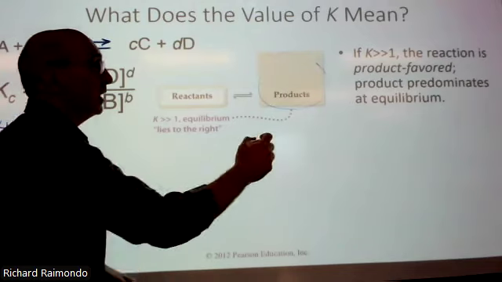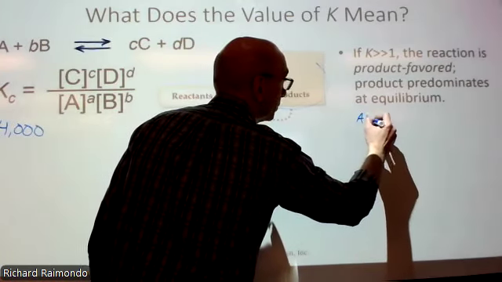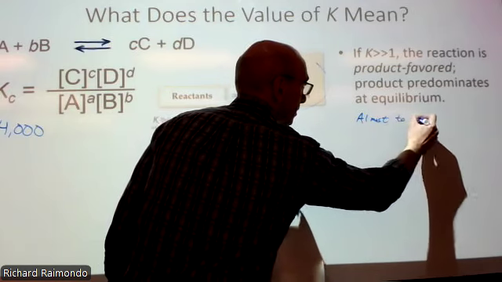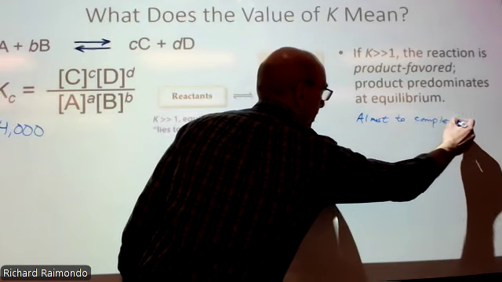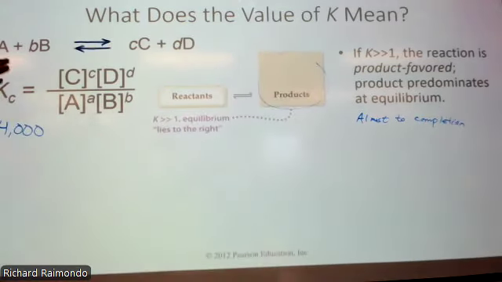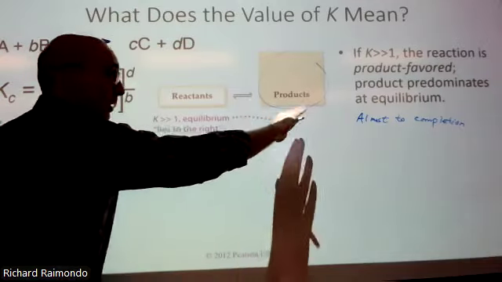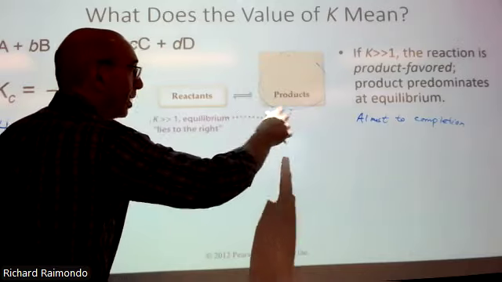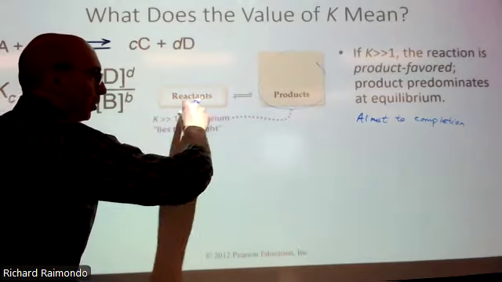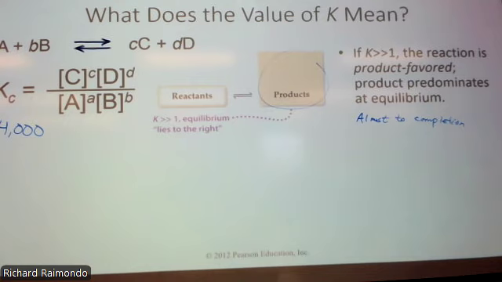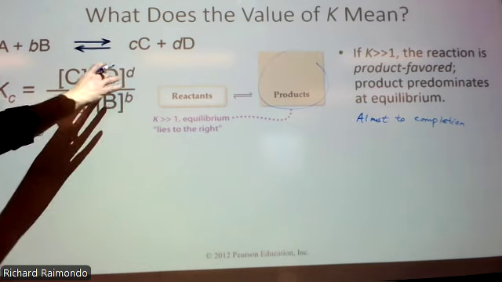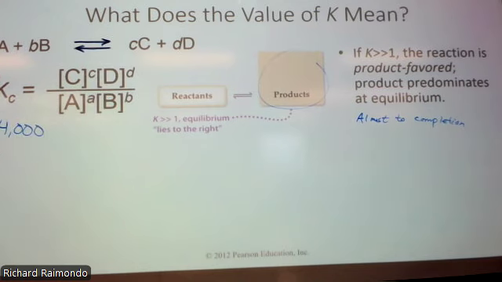And sometimes they say the reaction goes almost to completion, which means it doesn't go to the end and stop. It keeps going back and forth, but it looks like you're pretty much there. You made a whole bunch of product. It is still going back and forth in this reversible reaction. So product favored means high concentration of products versus lower concentration of reactants.